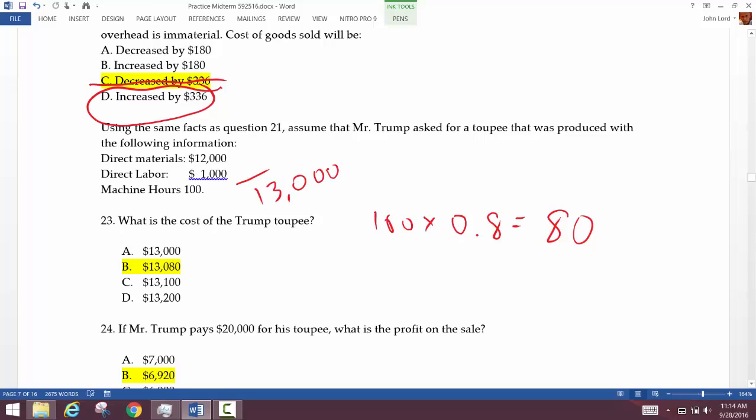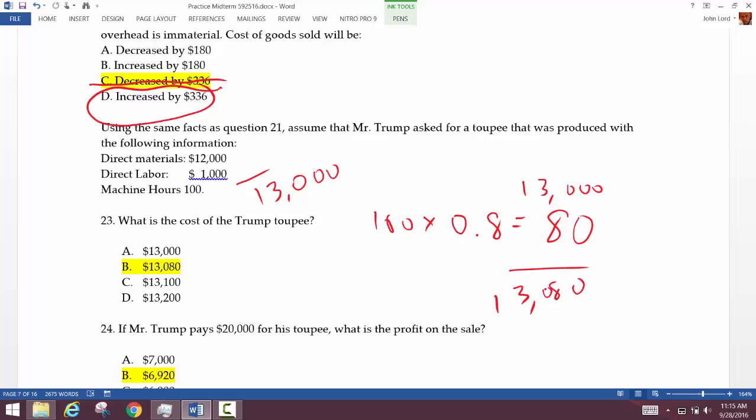We take the direct materials plus the direct labor, 13, plus the 80 gives us a cost for this toupee of $13.80, right? 0.8 is the predetermined manufacturing overhead rate that this toupee factory is using, right? It was in the previous problem, using the same facts as question 21. So you had to know there was that 0.79. We can just use the rounded number here, 0.8, right?